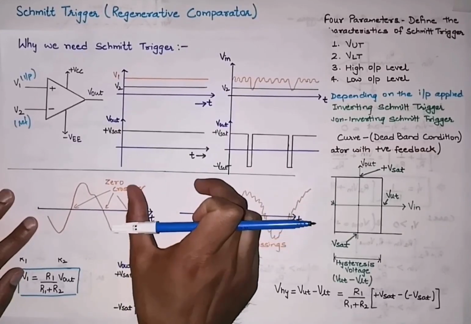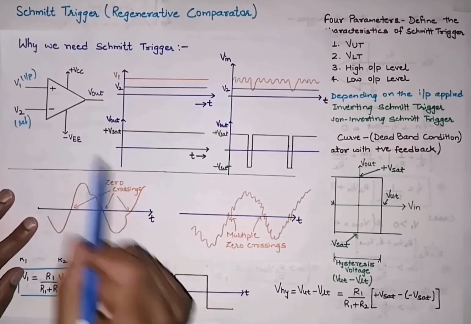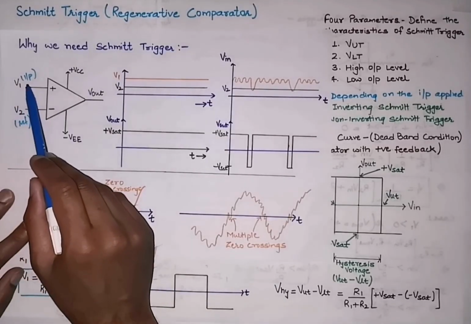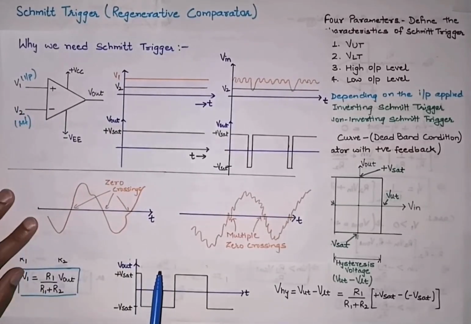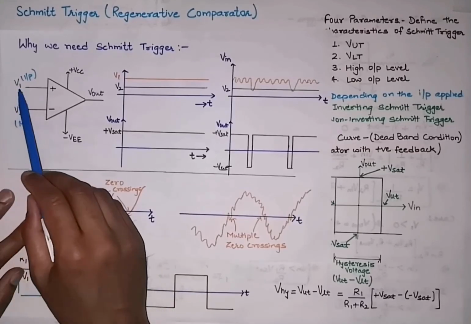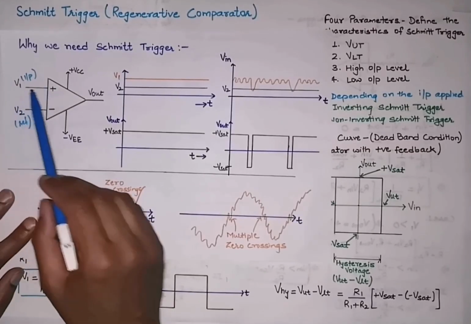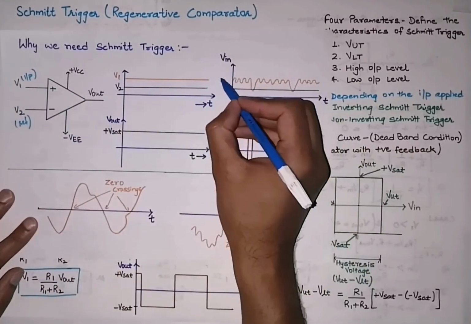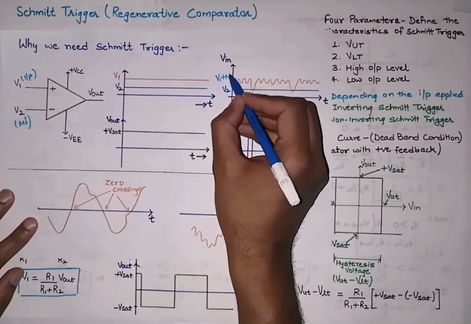But this is the case when there is no noise in the system, or the input signal we have applied is without noise. Now let us assume that this input signal V1 is superimposed with some noise. For example, this signal. This is V1 plus the noise.